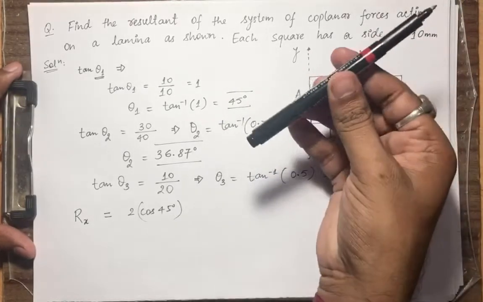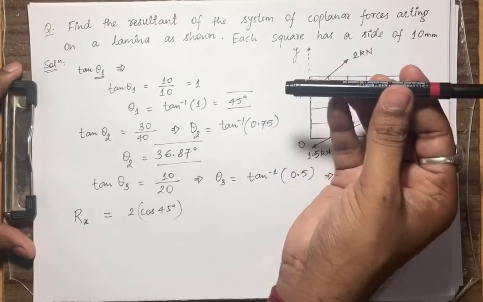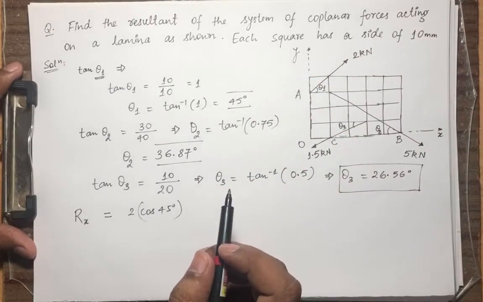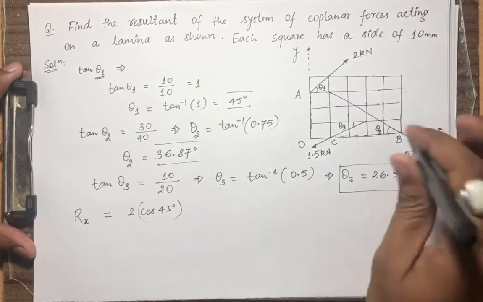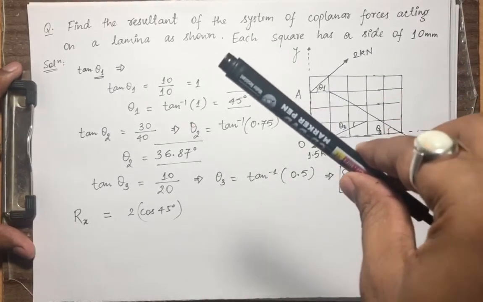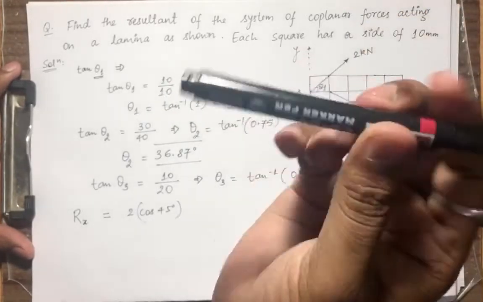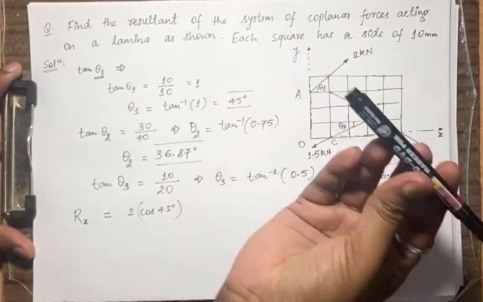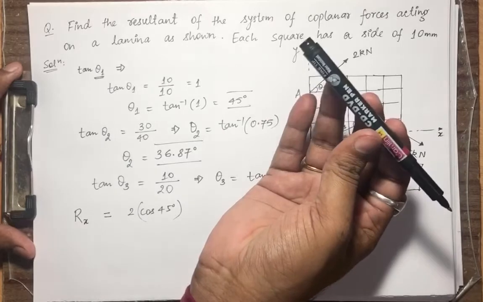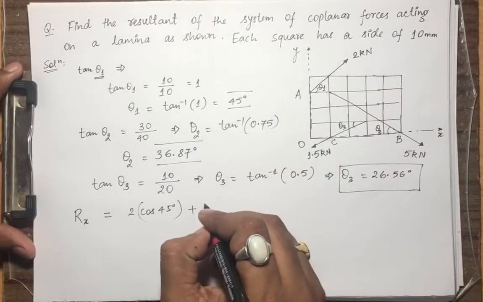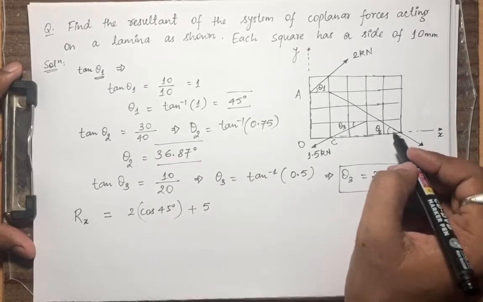This is acting like this, so the x component will be towards positive x, so this will be plus. Now this 5 kilonewton is acting like this. The x component will be towards positive x, so again it will be positive 5, and this is theta 2.